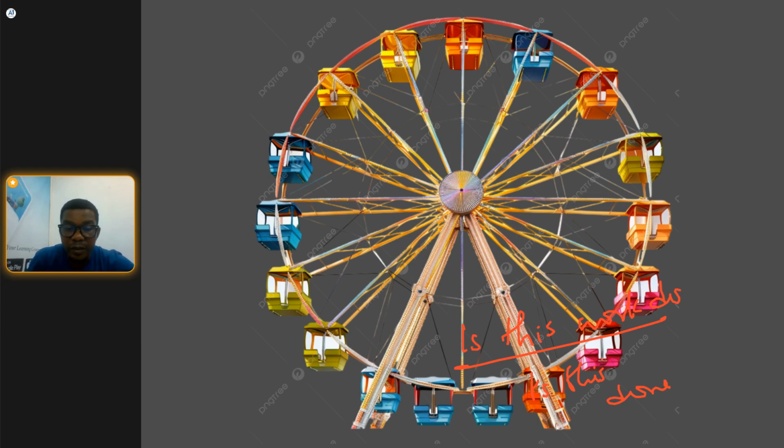Is this Ferris wheel performing work, yes or no? Waiting for your response. Any response?